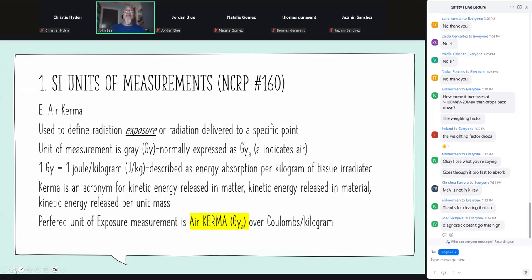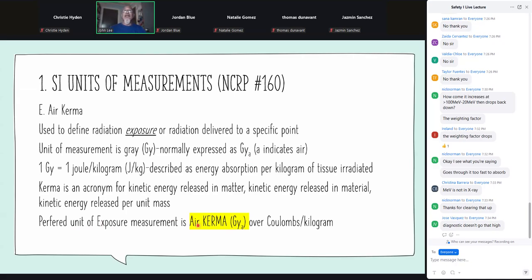Air Kerma is the last unit. This is used to define radiation exposure or radiation delivered to a specific point. So it's very, very similar to exposure. Again, the unit of measurement is the gray, sub A, because this indicates air. Remember, the sub T is tissue, and that's for the absorbed dose.